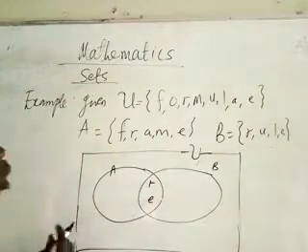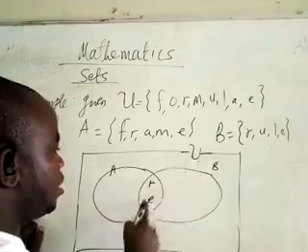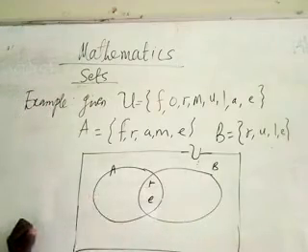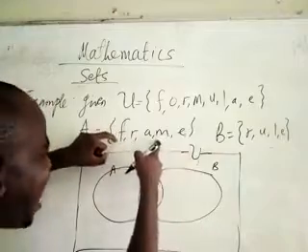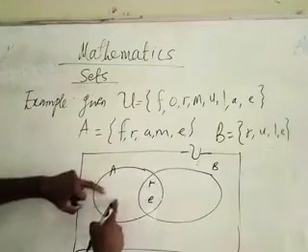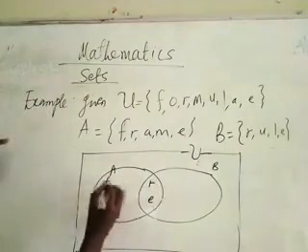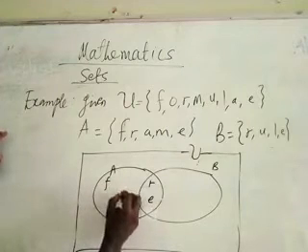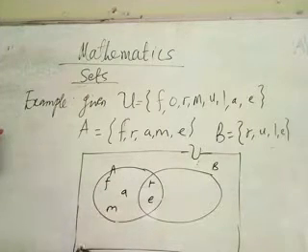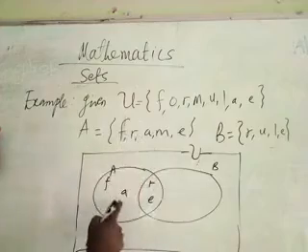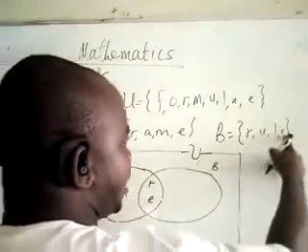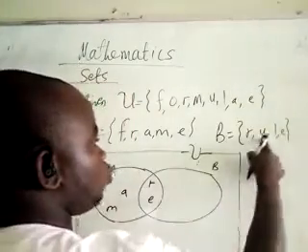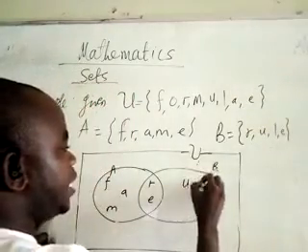So the elements that are common to A and B are R and E. Now apart from R and E, other elements should be written on this side. That is F, A and M. Apart from R and E, other elements should be written here: U and L.